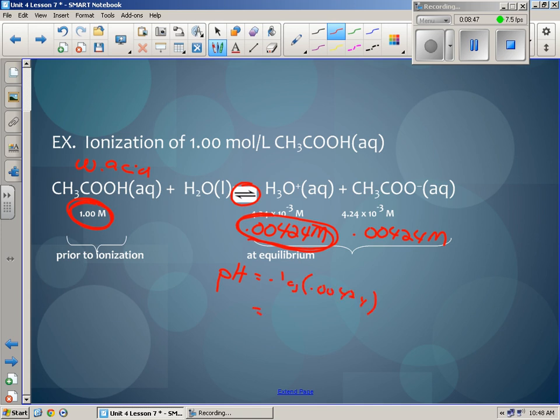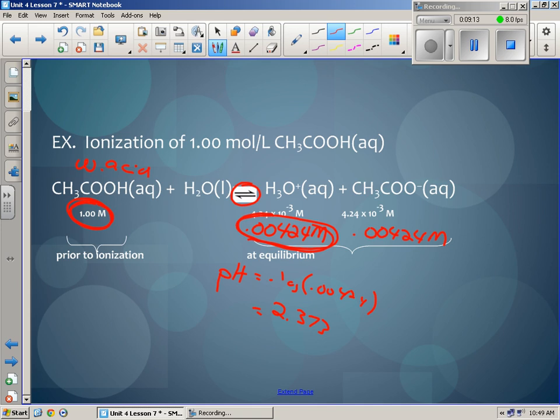It's done for you on the next page somewhere, but that works out to be, I believe, 2 point something. 2.373. Okay? So you can see that the pH is 2.373 for that weak acid.